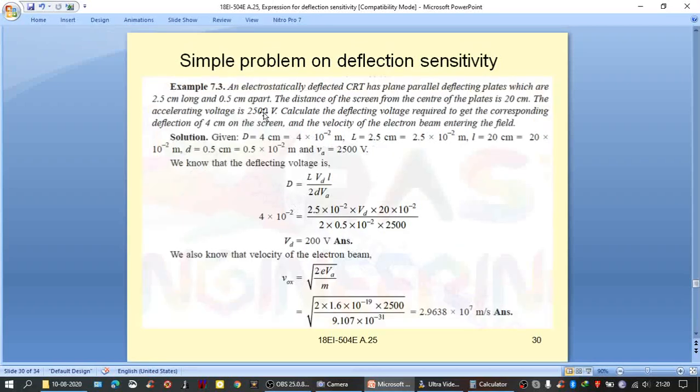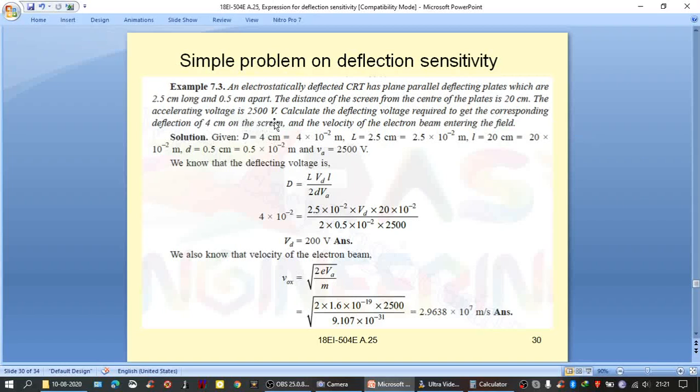Another simple example. An electrostatically deflected CRT has plain parallel deflecting plates which are 2.5 centimeters long, Ld is 2.5 centimeters, and 0.5 centimeters apart, d is 0.5 centimeters. The distance of the screen from the center of the plates is 20 centimeters, capital L is 20 centimeters.